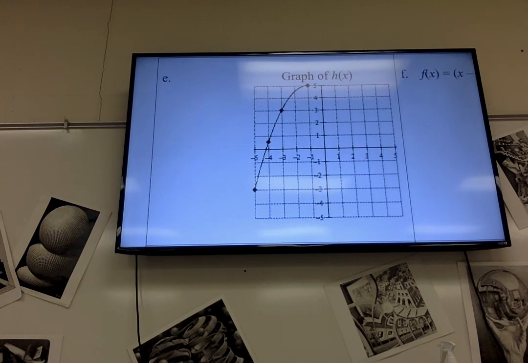It's E. And the directions are on the page before. We're supposed to determine if the inverse function exists, providing justification. If it does, then find the inverse.